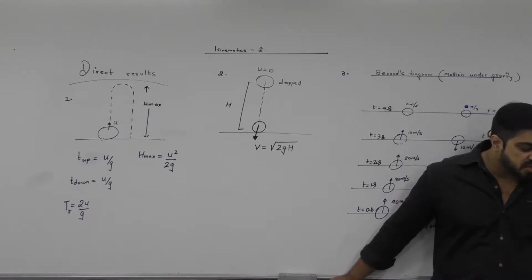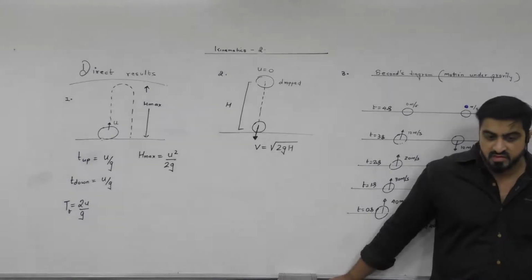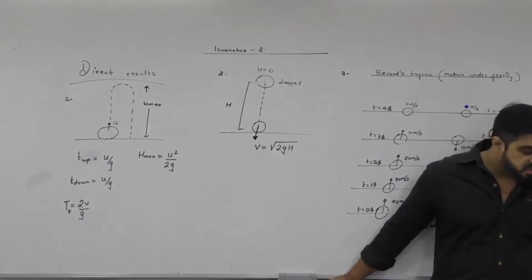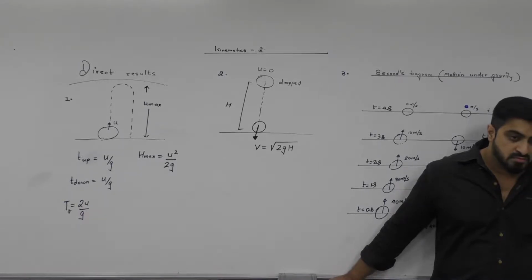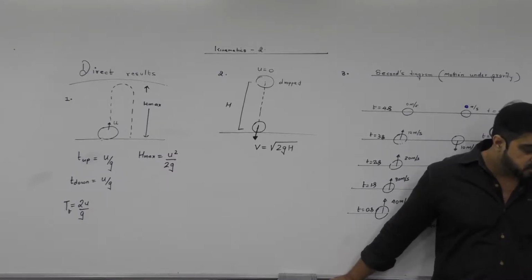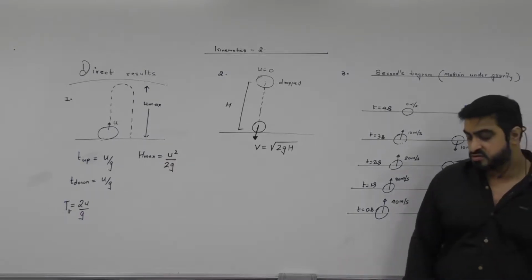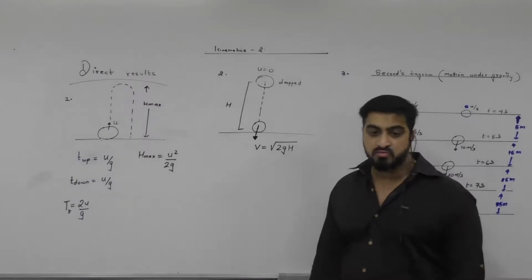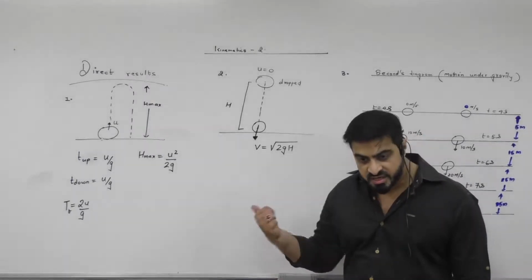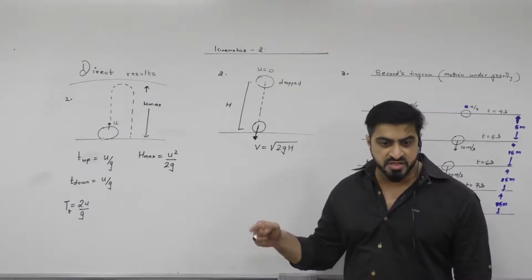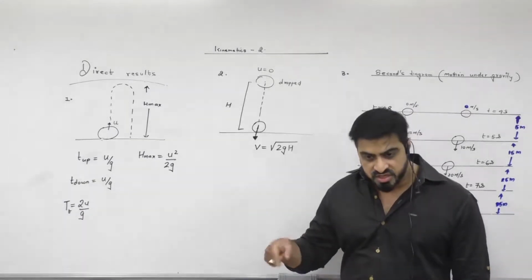Find the distance and the displacement at t is equal to 2 seconds, t is equal to 3 seconds, t is equal to 4 seconds. तो आपको यहाँ पर 30 मीटर्स पर सेकेंड का डायग्राम बनाना है. And you want to find the distance and the displacement at t is equal to 2, 3 and 4 seconds respectively. Next question, right?